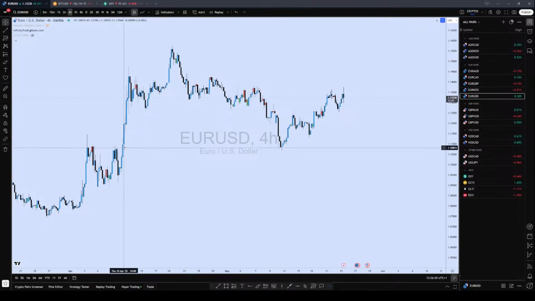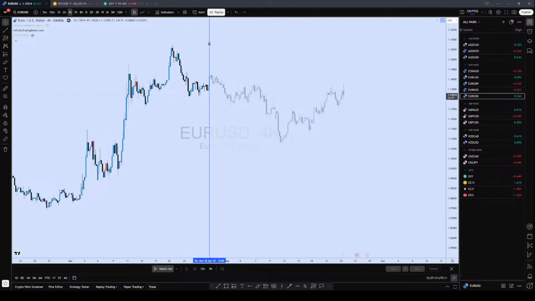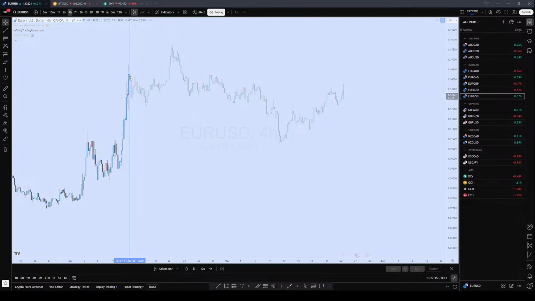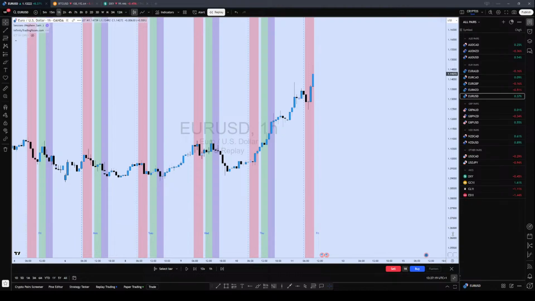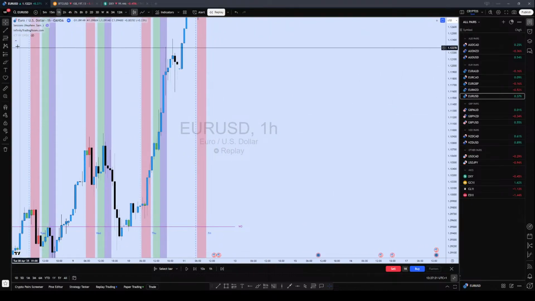Inside this move, the important level is what happened during the London session and the New York session. So what you do as price is dropping is to find what happened during London during that move.